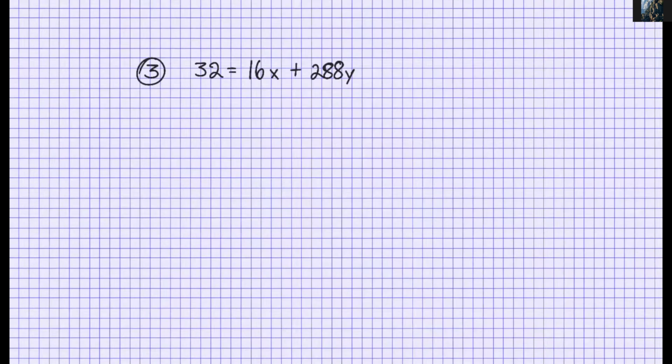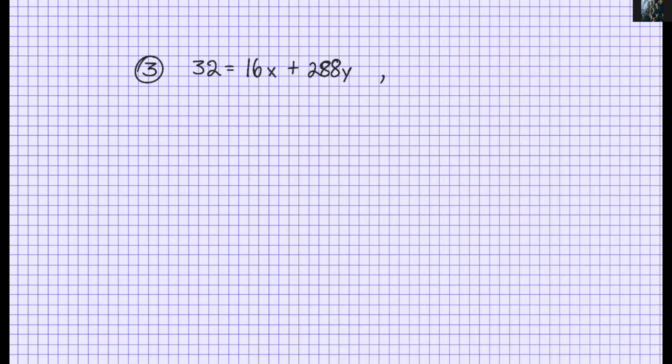So in this example, we have 32 equals 16x plus 288y. Our second equation is y equals 19 minus 1/18 of x.